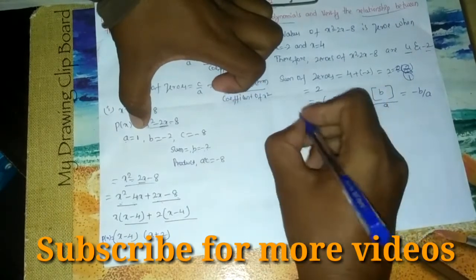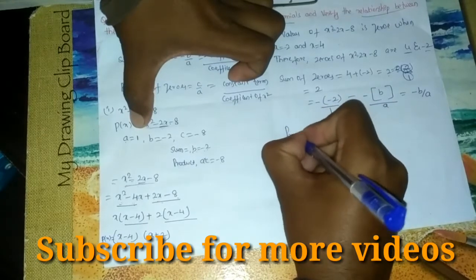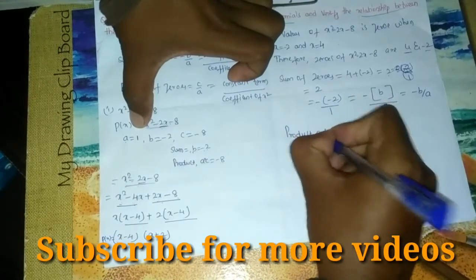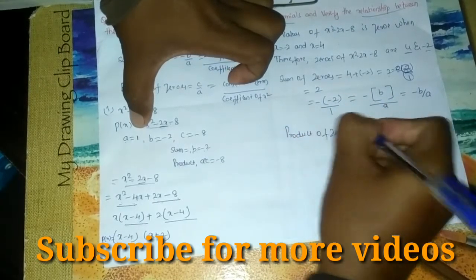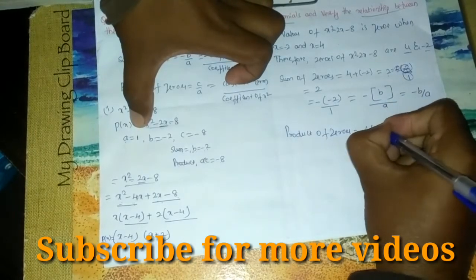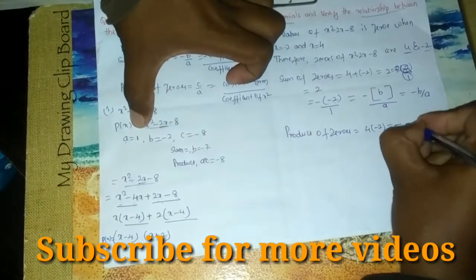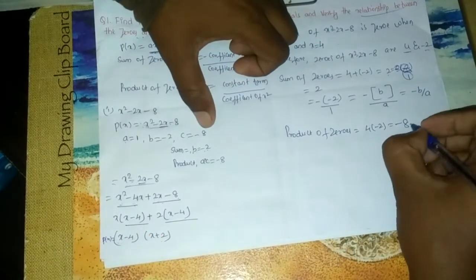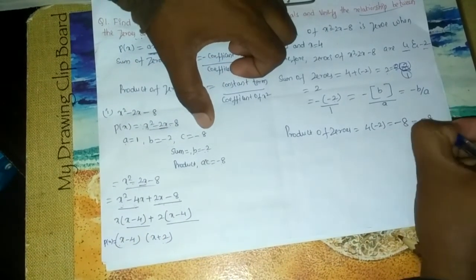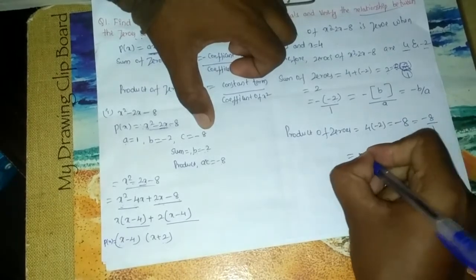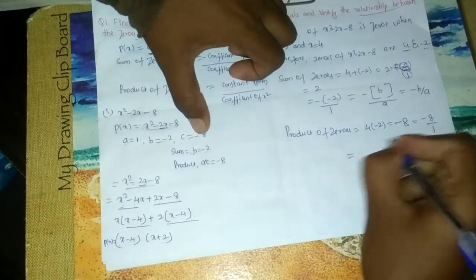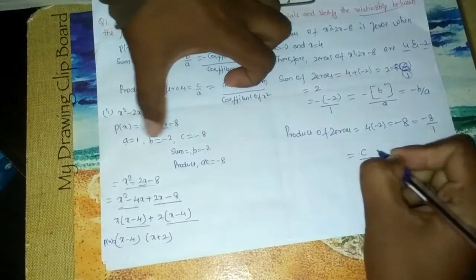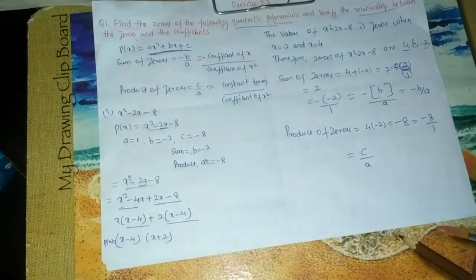Okay, so the product of zeros is 4 into minus 2, which is minus 8. This minus 8 I can write as minus 8 by 1, where minus 8 is c and 1 is a, so c upon a.